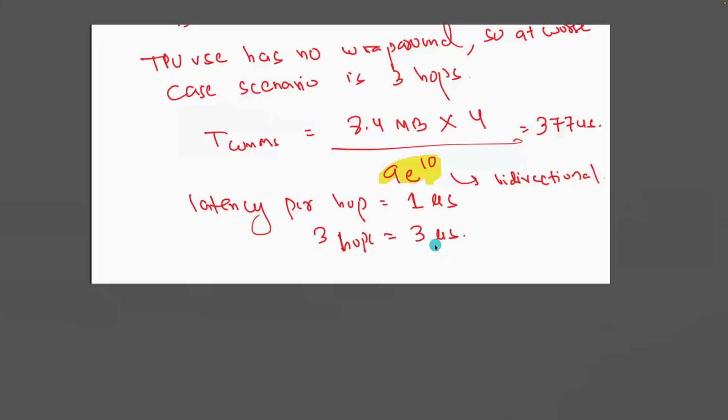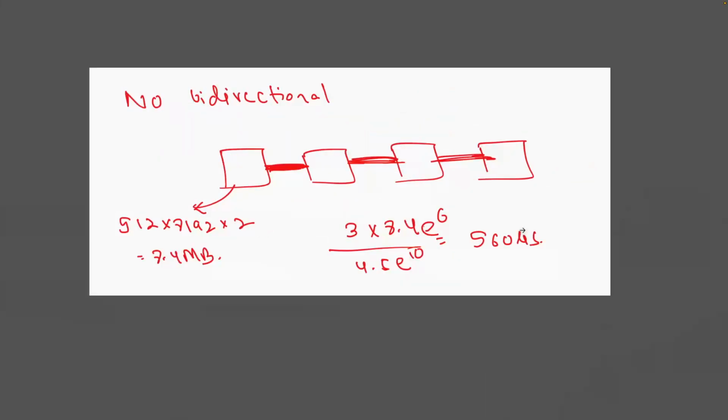This is very, very small compared to what we are paying for the communication in the TPU, so we can ignore this latency. As another example, if we didn't have bidirectional bandwidth, then we would divide by 4.5 times 10 to the power 10, and we would pay the cost of 3 hops.